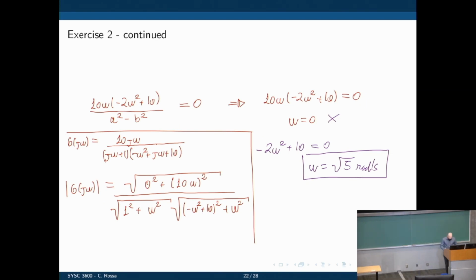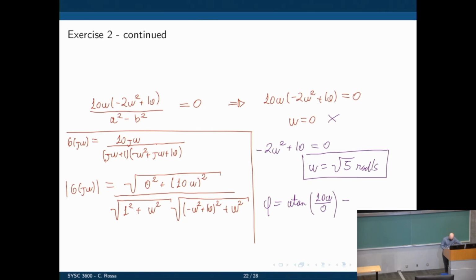Let's do the phase. Actually, we have time, so let's rush through the phase here. What is the phase? The phase of all the zeros is arctan of the imaginary part 10 omega divided by 0. Excuse me for the inaccuracy here. I can't write it that way, but you know what I mean. This is just 90 degrees.